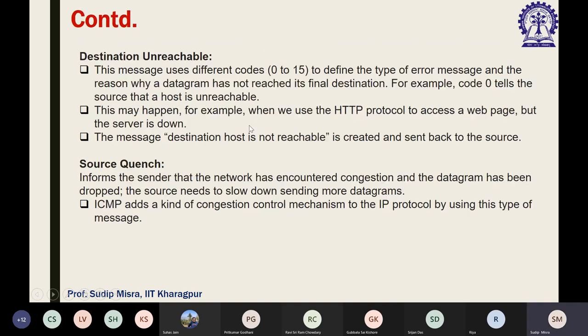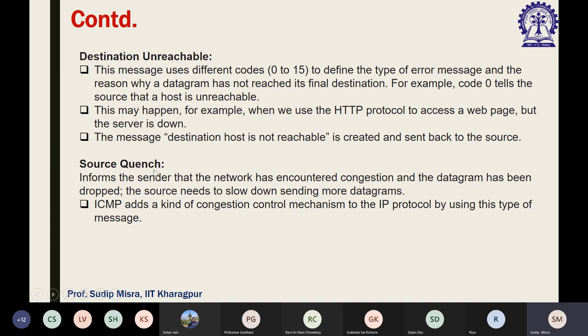This message uses the codes 0 to 15 to define the type of error and the reason why a datagram has not reached its final destination. For example, code 0 tells the source that the host is unreachable. Please go through all of these; in the interest of time, I'm skipping this.